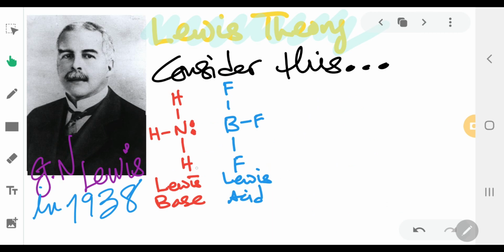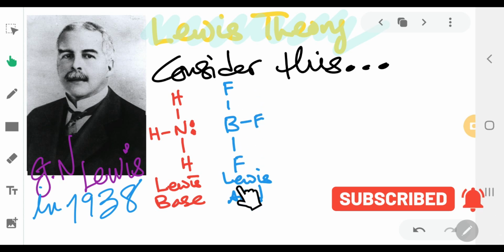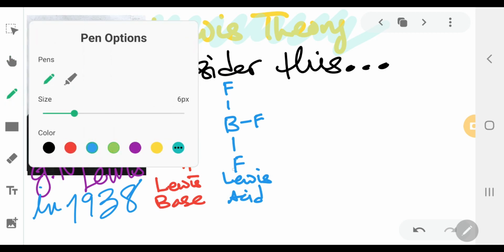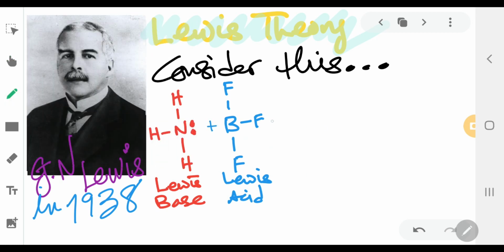Now let's consider this. We have a Lewis base, NH3, with a lone pair or electron pair. And we have a Lewis acid, BF3. This acid over here, if you put this into Arrhenius theory, it will not be classified as an acid, but the reality is this is an acid because it will be able to accept this electron pair from the ammonia. So what happened when they combine together?